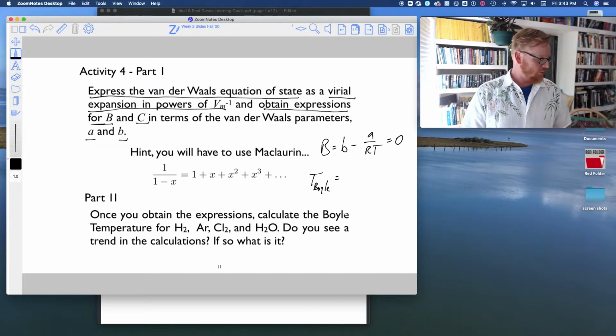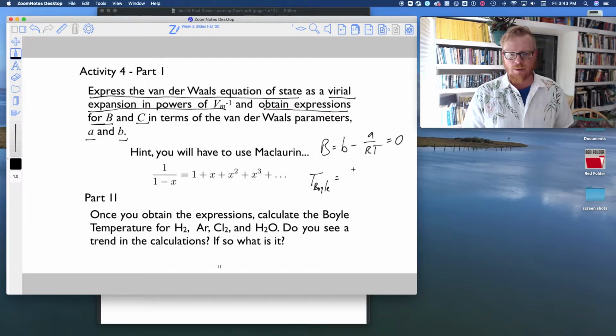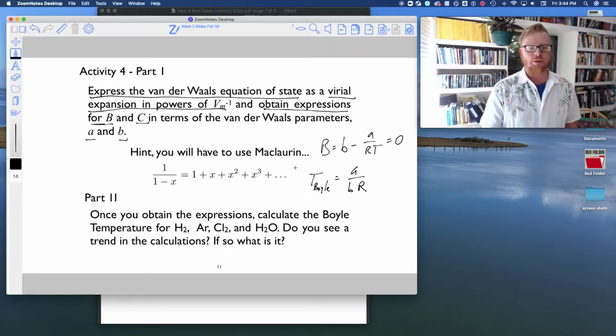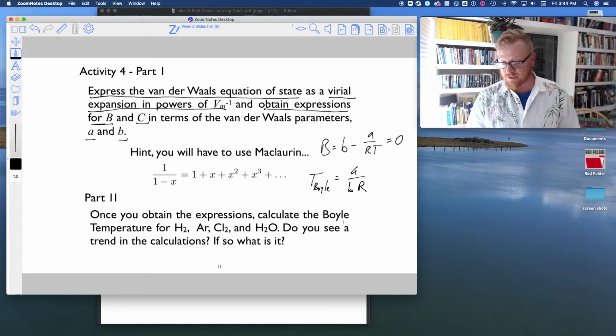I'm failing to think of the first name right now. I think we did the algebra before. Here it is. T Boyle equals A over little b times R. And now we could calculate the Boyle temperature for any of the gases, as long as we could look up those gas constants: hydrogen, argon, chlorine, water.